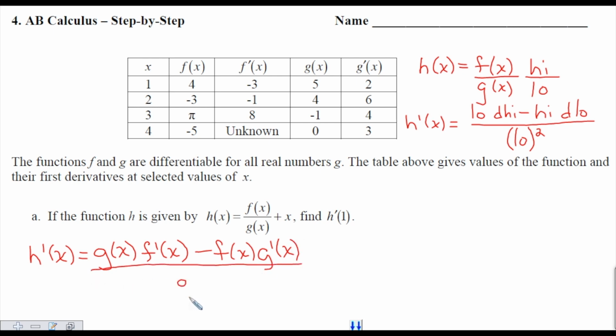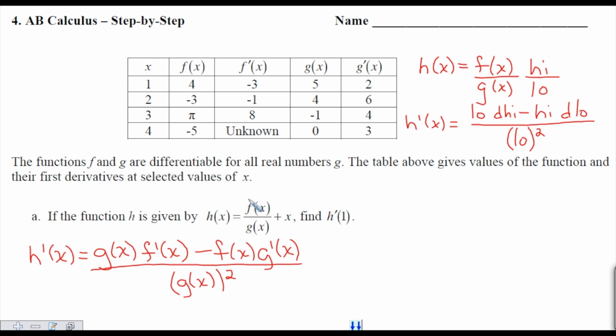And the two things you need to remember about this particular derivative is that you always want to start down low, and you always want to subtract and square the bottom. So low D high minus, really big deal there, that's minus, minus high D low over low squared.